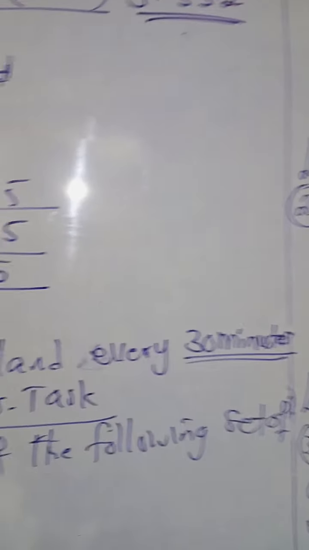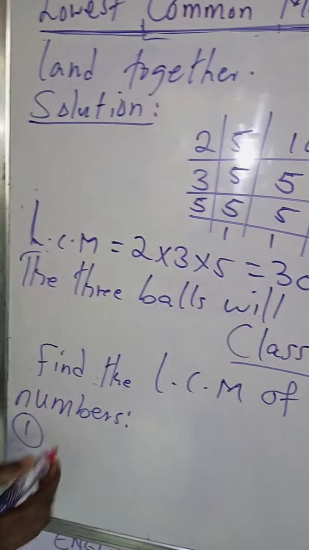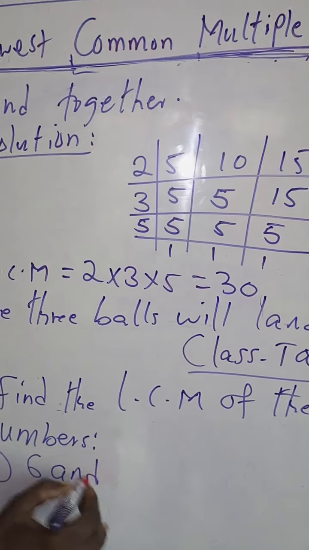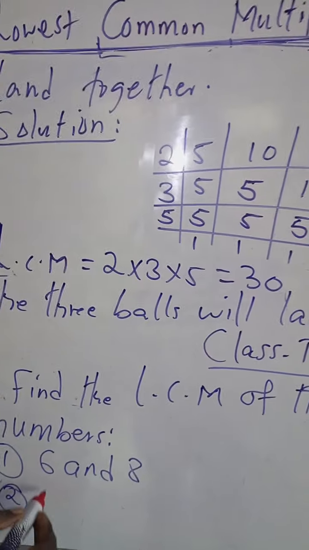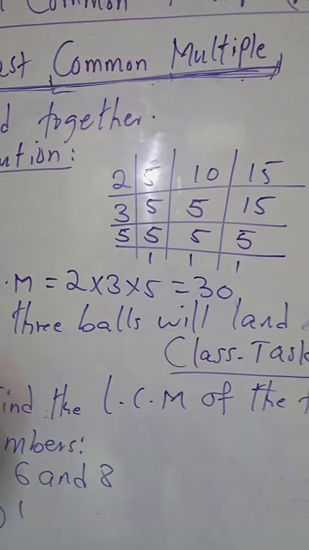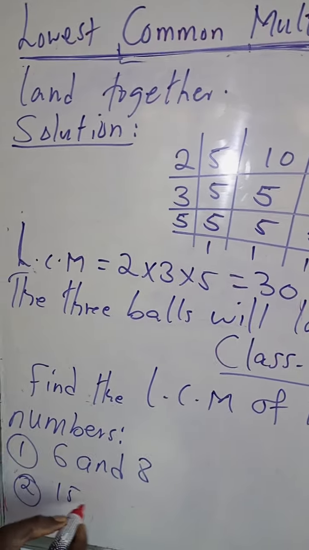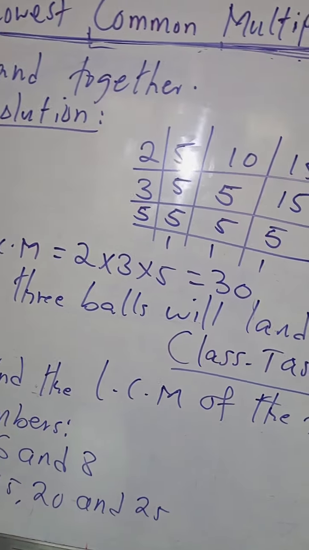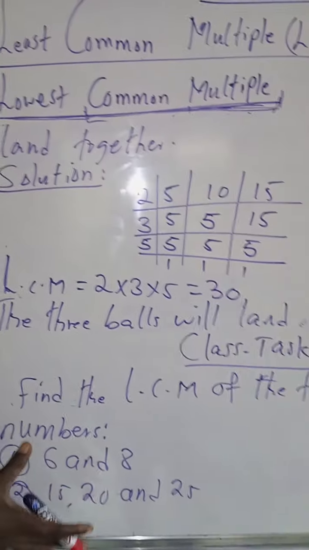Let us say we start from scratch. 1, I say, 6 and 8. Number 2, let's say 15, 20, and 25.